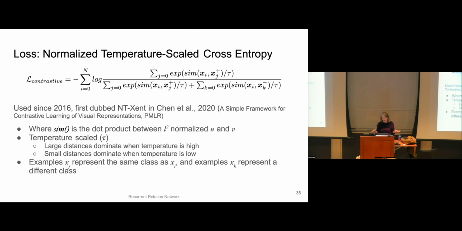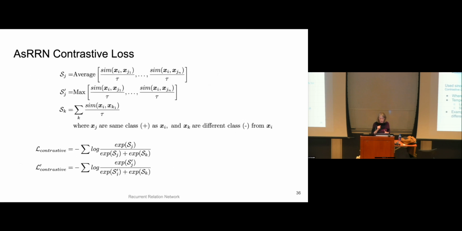And then in the denominator, it's that term summed with the term that's summing over the similarity of the training example xi to all the xk that are in the class that's supposed to be dissimilar. And then similarity could be your favorite similarity function, temperature scaled so that large distances dominate when the temperature is high and small when the temperature is low, and so on.